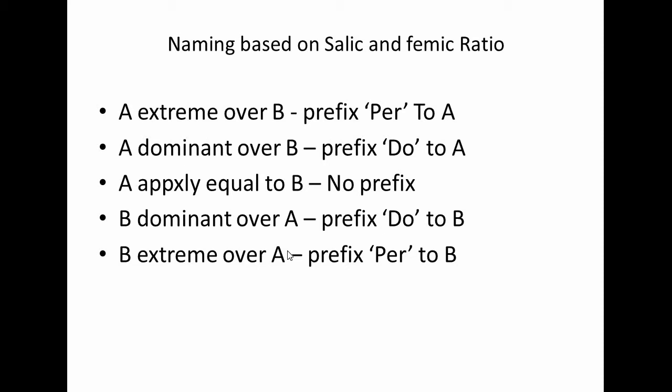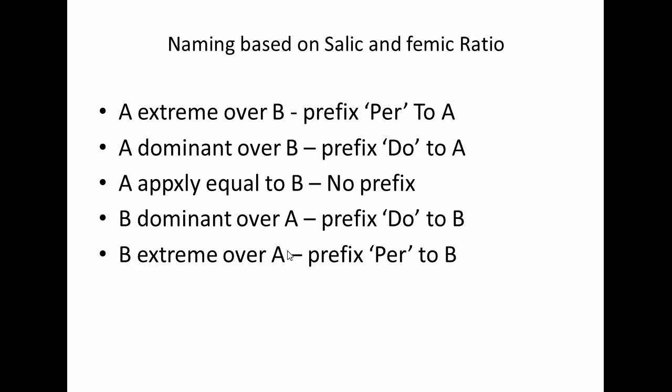When the salic is extreme over femic, we prefix per to A. That means if the ratio of the salic minerals is greater, we call that rock persalic. Or when A is dominant over B, prefix do to A. That is dosalic.